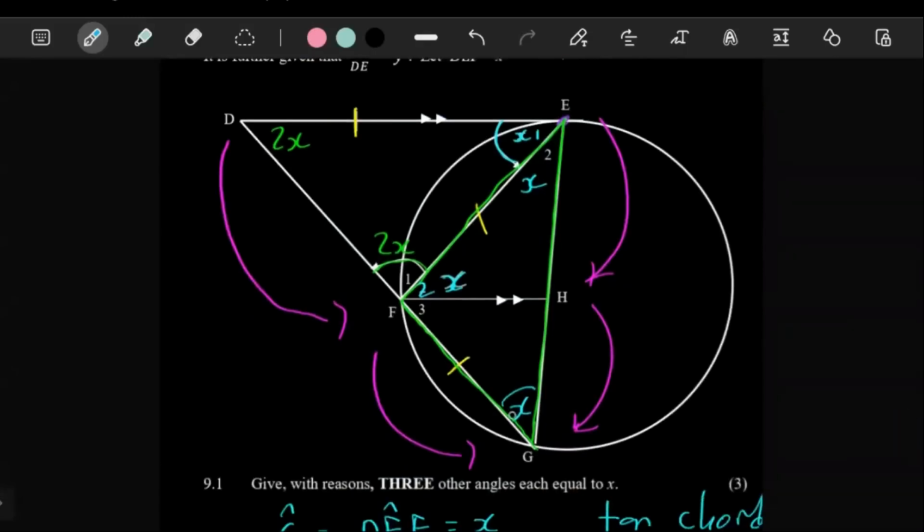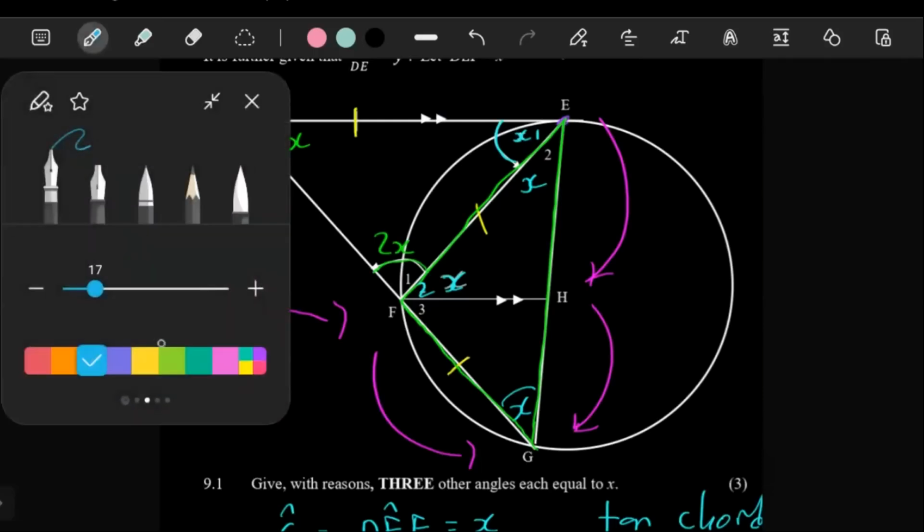Oh yeah, it is going to work because this is X and X, so that makes 2X. For the big triangle there's a single X and double X, and for the small one there's a single X, double X. That's super simple because we're talking about this small triangle and the big one, and the way we have laid it out, that's why it's a 3-mark question, because there's really not a lot of heavy lifting here.